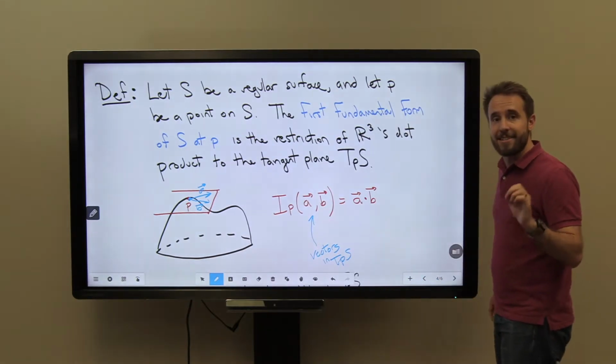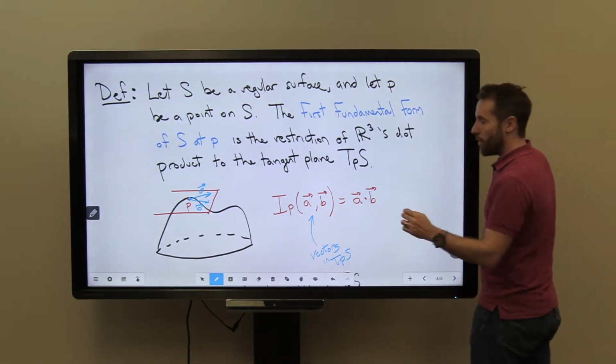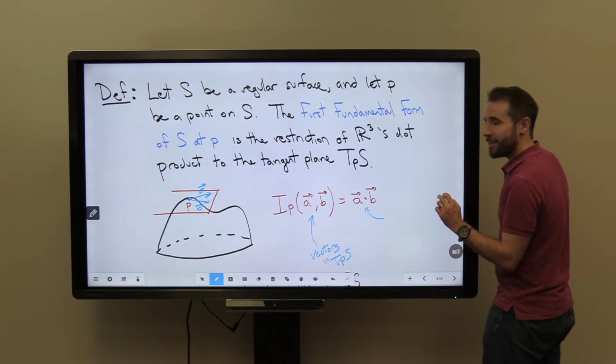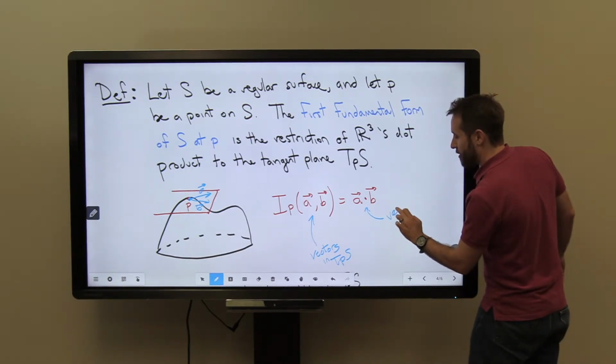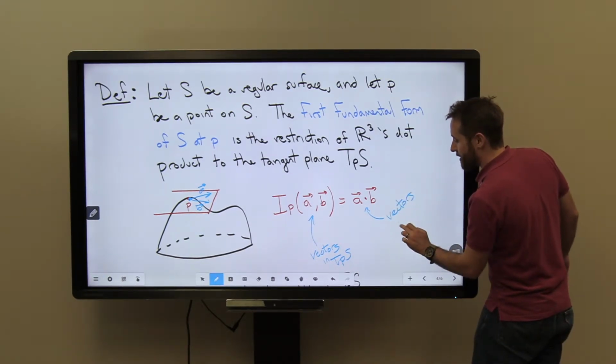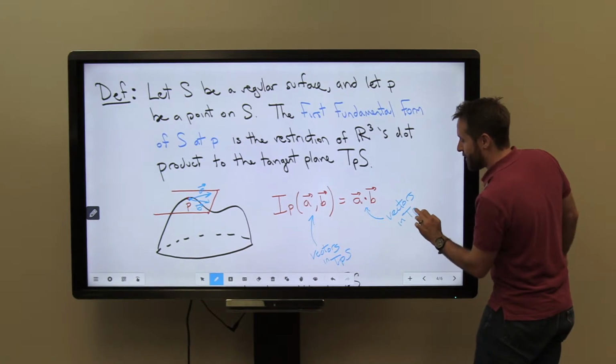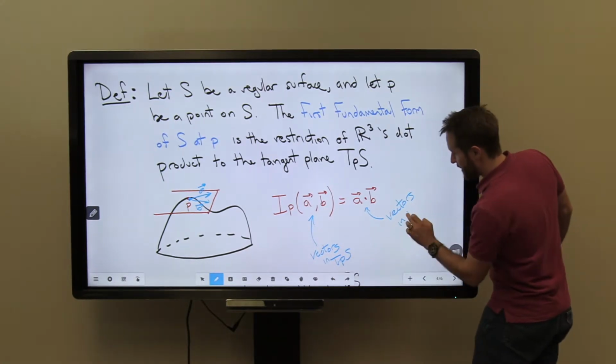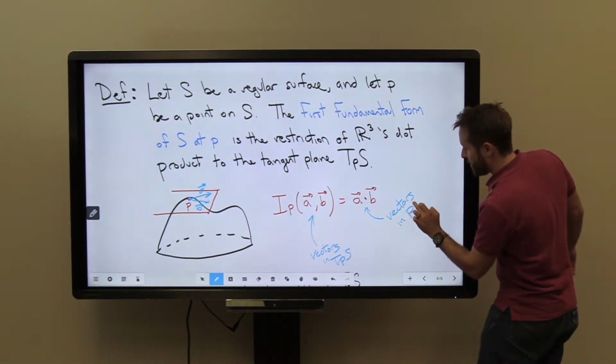These are vectors in that tangent space, while when I compute this dot product, I'm computing it as if they are vectors in R3. And of course, we can do this because these are vectors in R3.